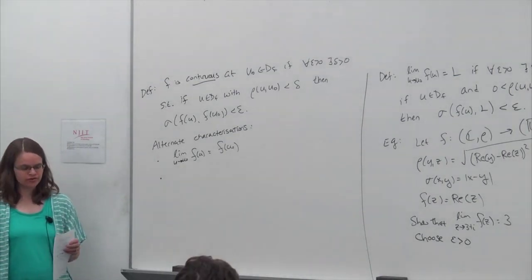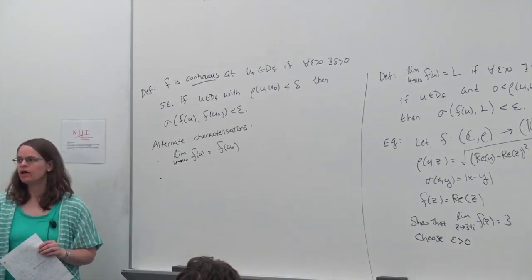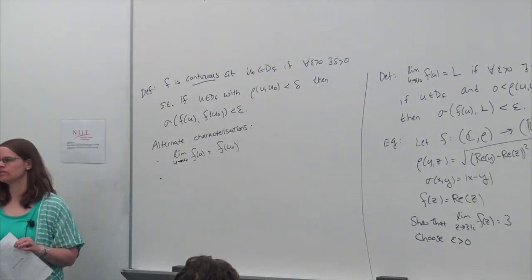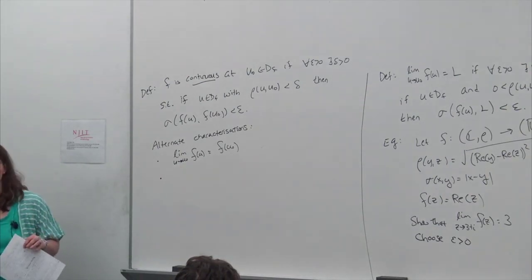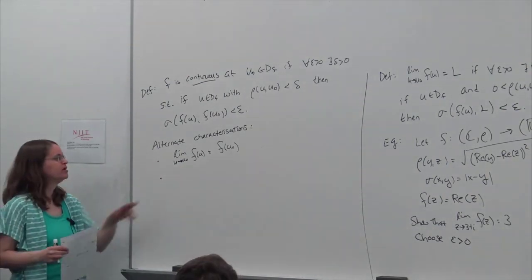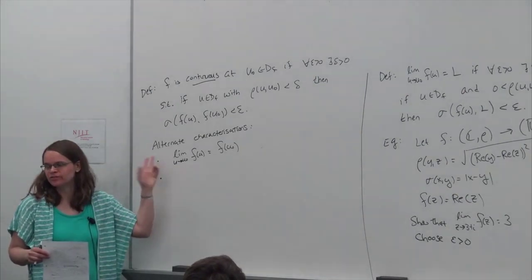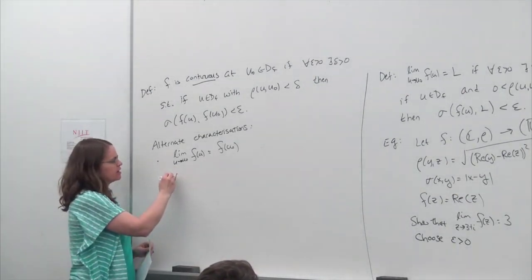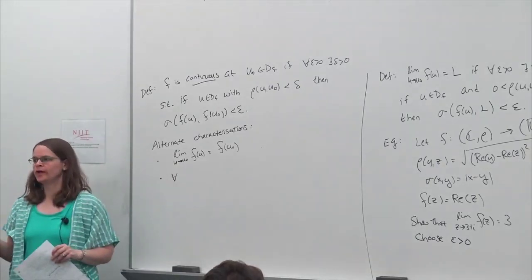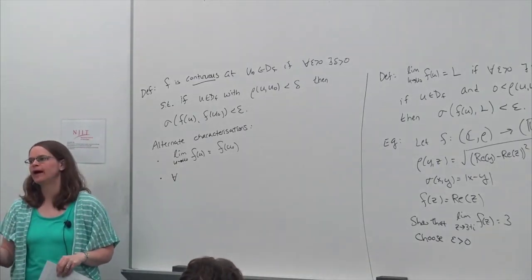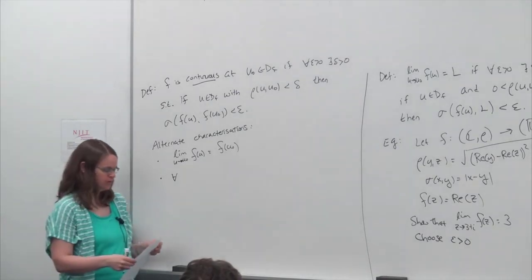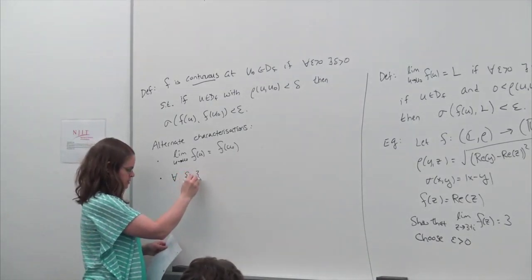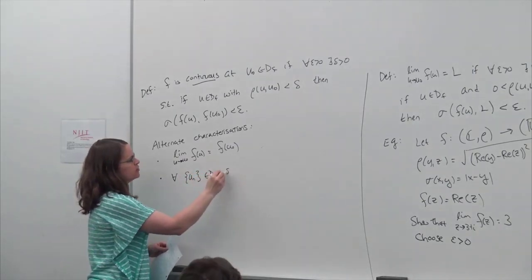And then the other characterization we had in the past was in terms of sequences. Working with sequences tends to be useful for a lot of the things we want to prove. This is obvious and intuitive, but working with sequences makes it easier for us to bring in tools like completeness, compactness, things like that as we're trying to argue things. Okay, so this was for all sequences that converge to u naught.